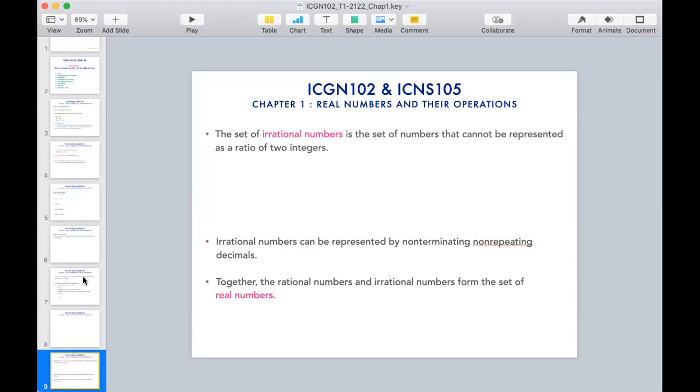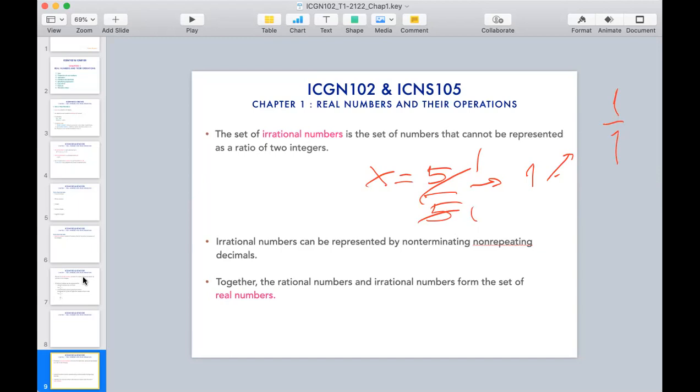For example, if x equals 5/5, you can simplify: 5/5 is 1. 1 is an integer, and an integer is a kind of rational number because you can represent it as a fraction, 1/1. So this is a rational number and a real number.